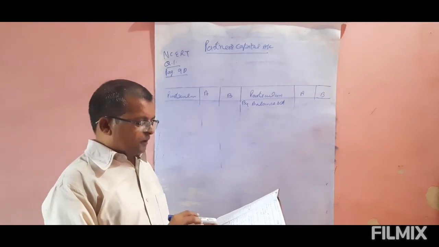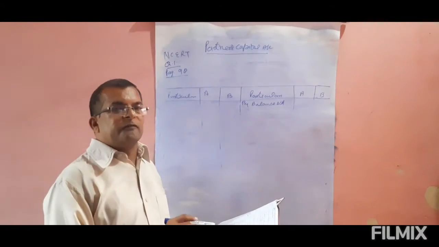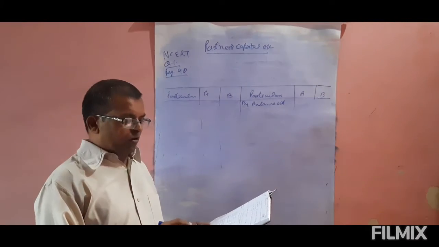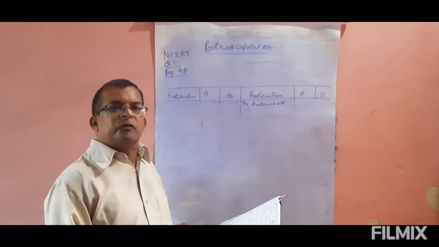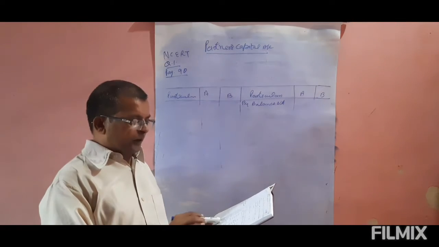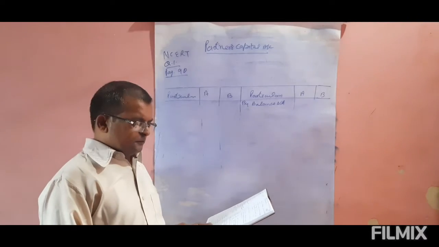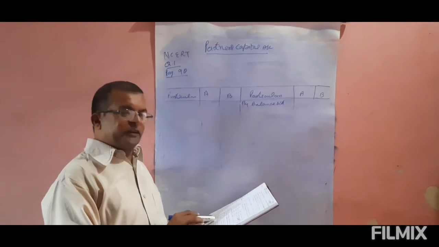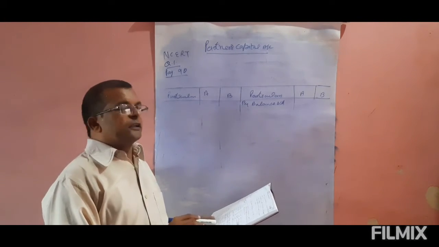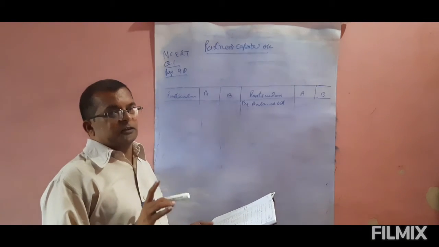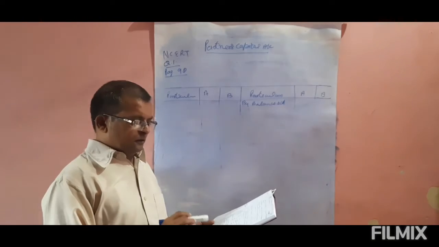Their capitals were rupees 60,000 and 40,000 as on 1st January 2015. 60,000 for Tripathi, 40,000 for Chauhan. During the year, they earn a profit of rupees 30,000. It means profit during the year 30,000.